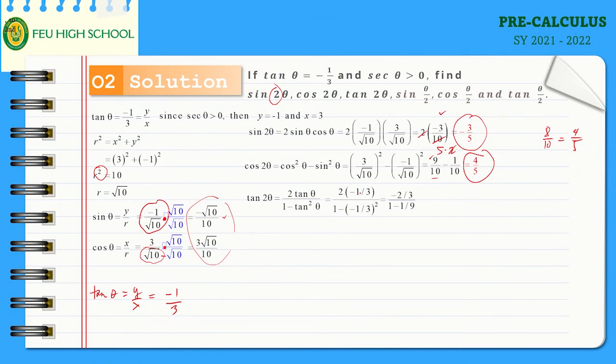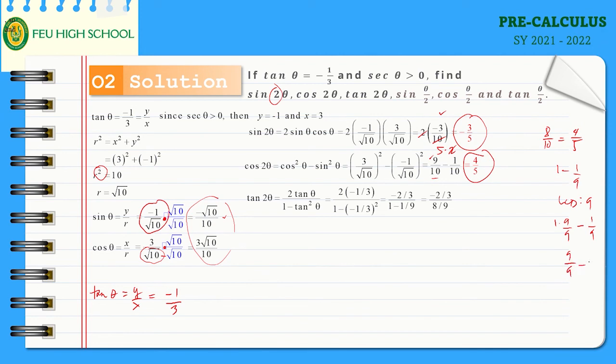Simplify lang natin, 2 times negative 1/3 is negative 2/3. The square of negative 1/3 is 1 over 9. And then, yung 1 minus 1 over 9 natin, okay, LCD is 9. So, magiging 1 times 9 over 9.